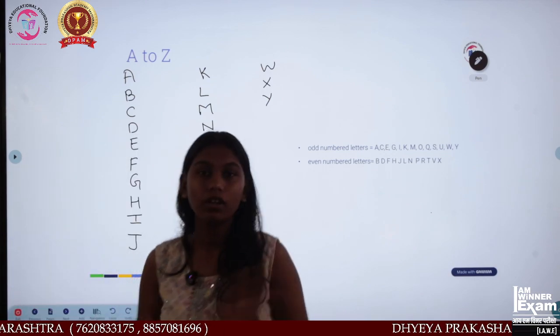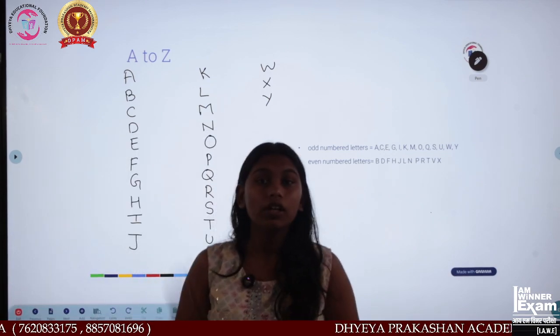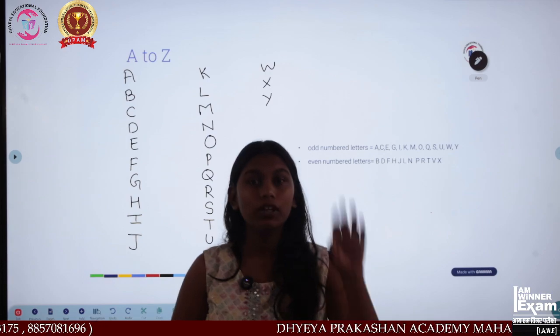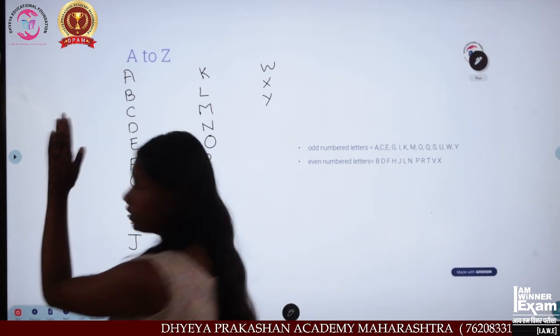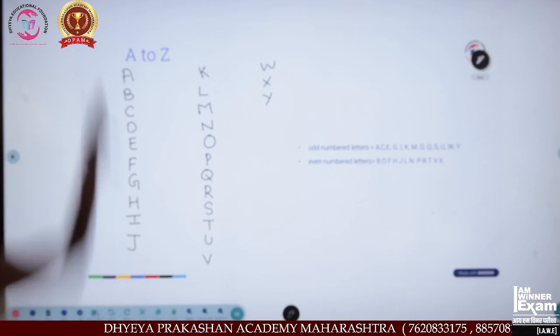Now we are going to number it from the left hand side first. So this is my left hand side, so I am going to number it from this side.